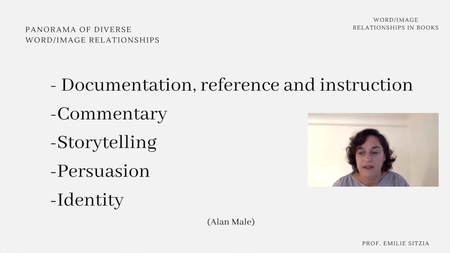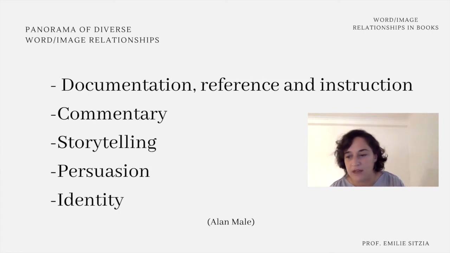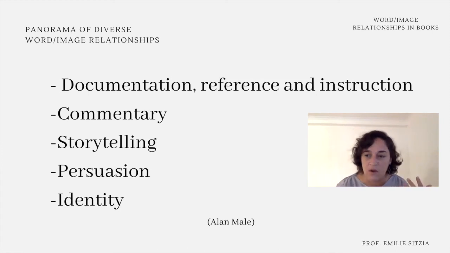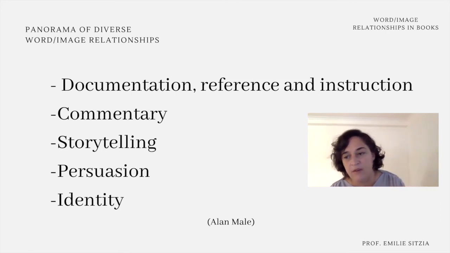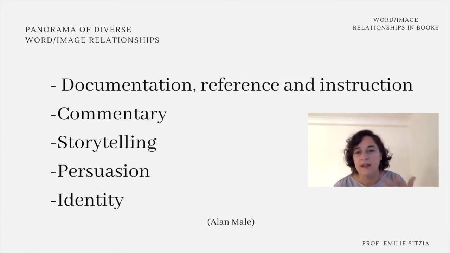And I think what I really like about what Alan Male does here is that he actually considers illustration in its diversity, which often is not the case when people think about this relationship of word and image. And what's also interesting is that, again, just like for Klimovsky, it's quite rare that an image is doing persuasion without doing identity, or is doing storytelling without doing commentary. So again, those different categories are fluid categories.